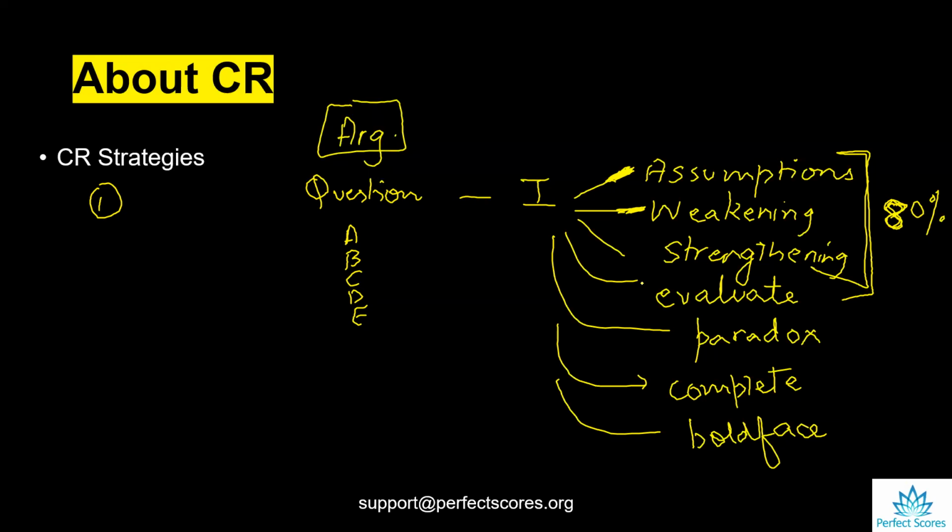For CR, that question type exists, and that is these few questions, because you will get probably one or maximum two of these, but half of your questions are going to be on assumptions and weakening. So in any case, you cannot make these two question types your weakness. You have to be really strong in knowing these two kinds of questions. That should be the focus of your CR practice. The other questions will simply come and go.